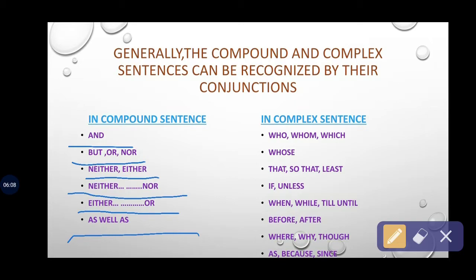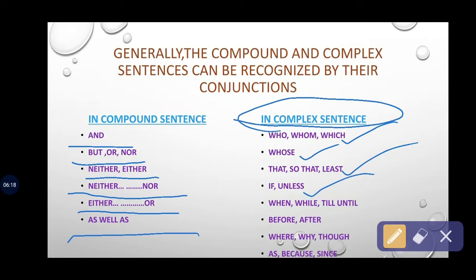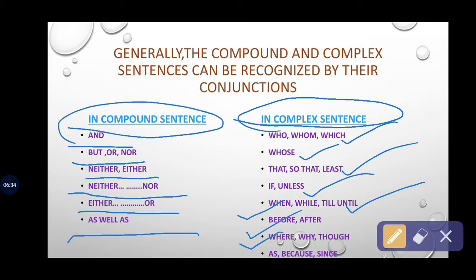In complex sentences, we use who, whom, which, whose, that, so that, lest, if, unless, when, while, till, until, before, after, where, why, though, as, because, since. These are all conjunctions that make complex and compound sentences.